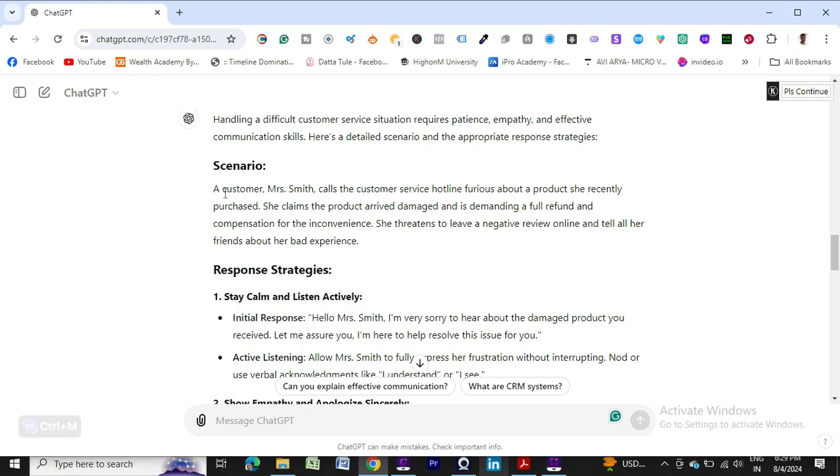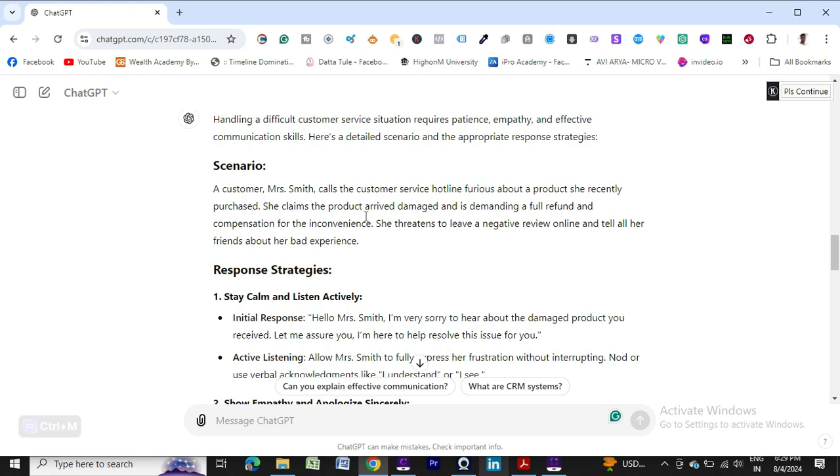You can paste the customer feedback, and take suggestions from ChatGPT: hey ChatGPT, this is the scenario, how can we cool down the customer, how can we handle that customer? ChatGPT will provide the response. You can ask it, please provide me a step-by-step guide on how we can cool down and handle that difficult customer.